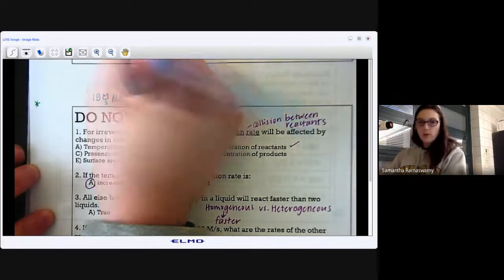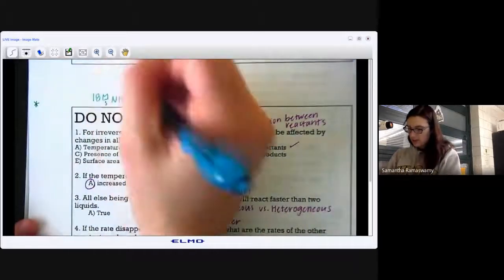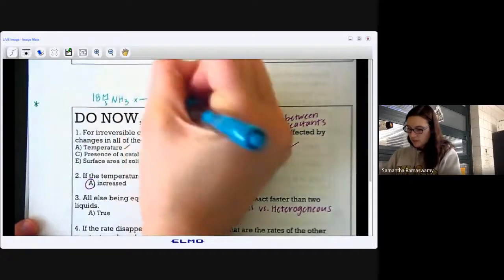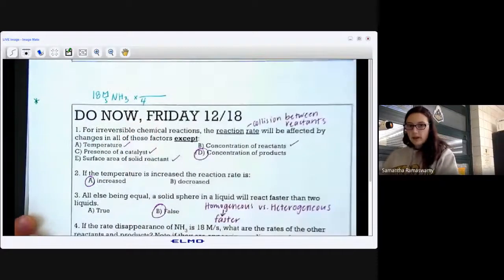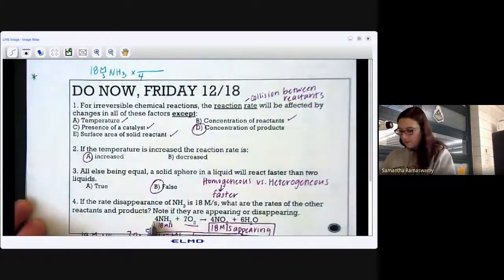So if we want to look at the overall reaction, 18 molar per second of NH3. Again, based on the balanced equation down here, for every 1 time this reaction runs, if this reaction runs 1 time, it uses 4 NH3.